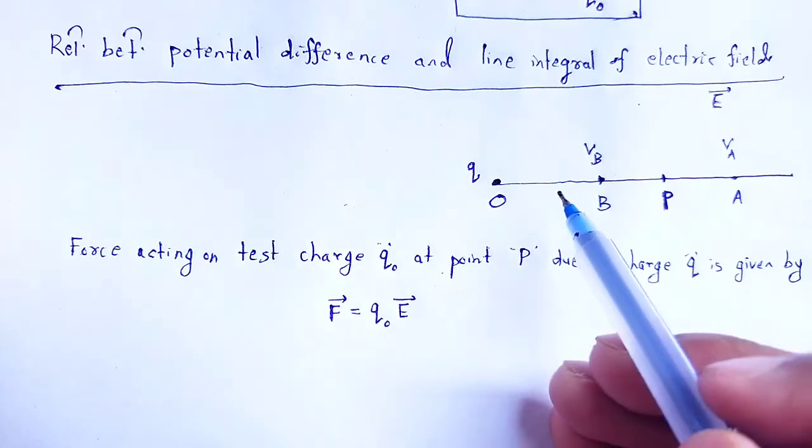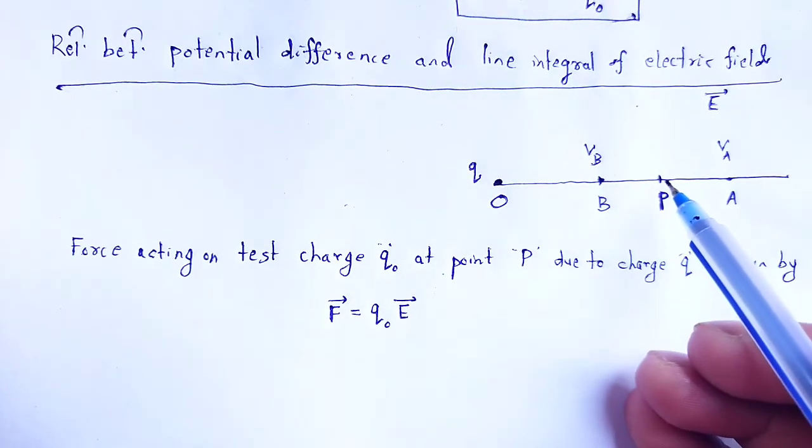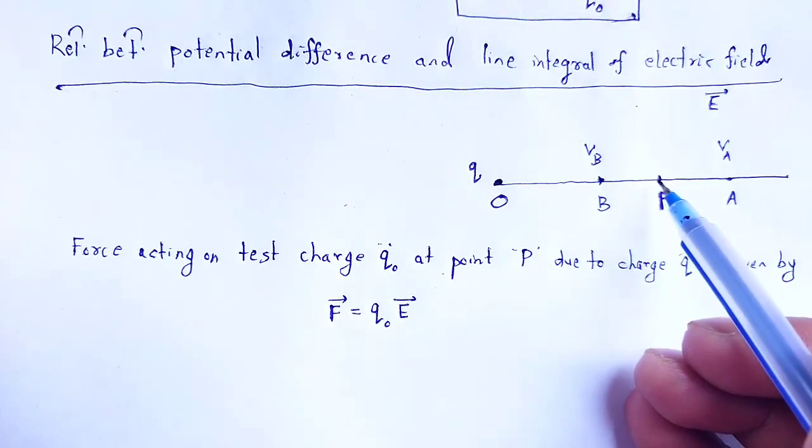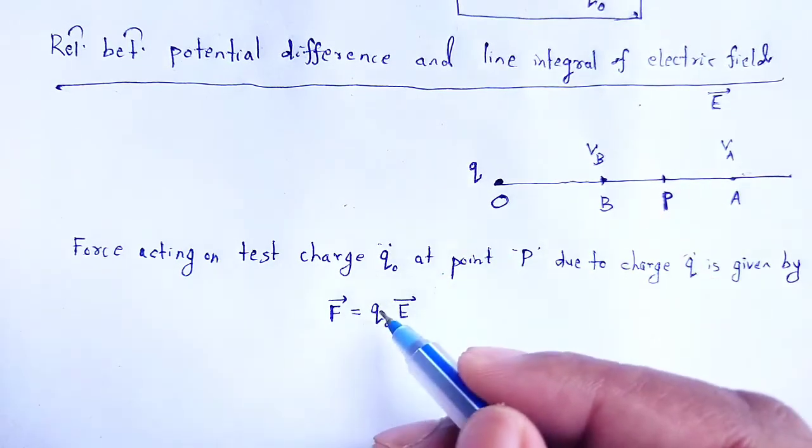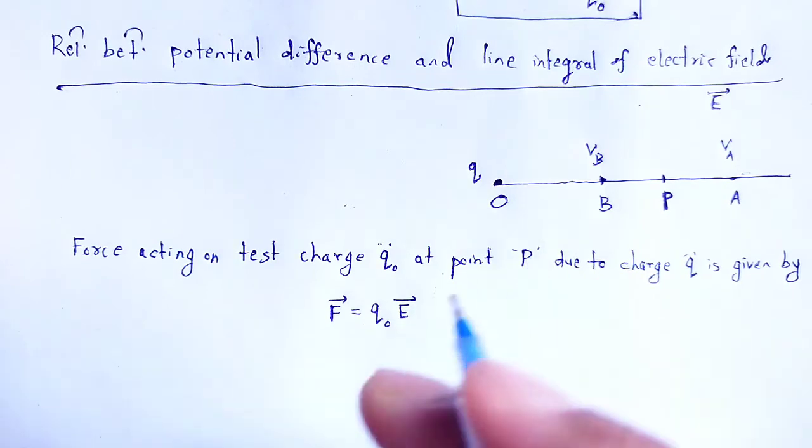Here the force required to move that test charge Q naught in the opposite direction by an external agency will be just its negative.